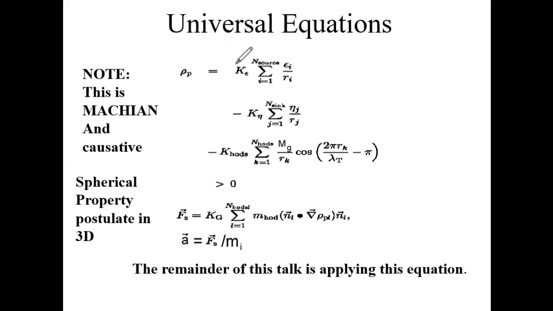Also notice the relative contribution to the universe energy, the plenum density, is slightly different for source galaxies and sink galaxies. And so the universe has a net rho in because of that difference. And that's going to become important when we get around to looking at the cosmic microwave background.